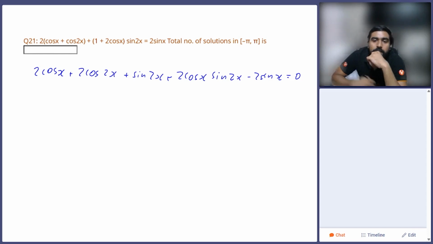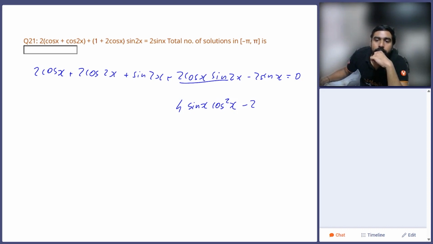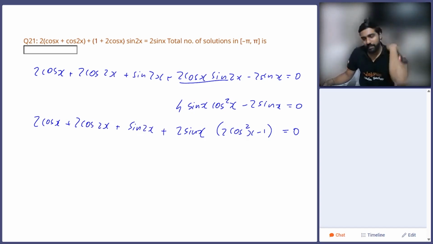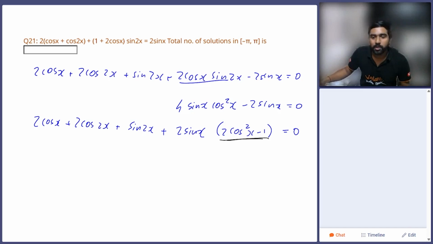Okay. Over here, I can replace sin 2x with 2 sin x cos x. That will give me 4 sin x into cos square x minus 2 sin x, from which if I take 2 sin x common, I'll get 2 cos square x minus 1. Okay, we are at least going somewhere with this, plus 2 cos 2x plus sin 2x, this is the expression that I have. All right, so now over here, what is this 2 cos square x minus 1? That is nothing but cos 2x.